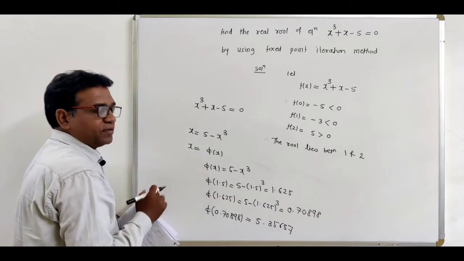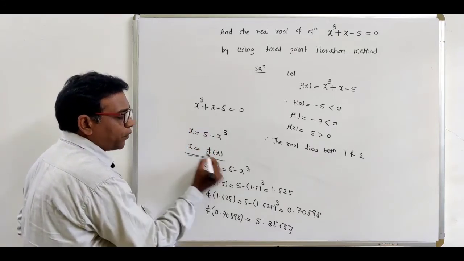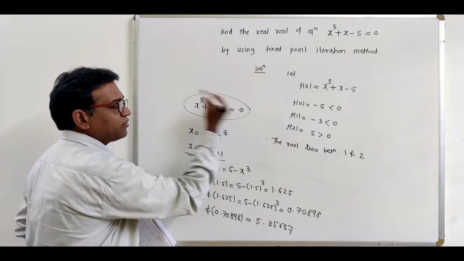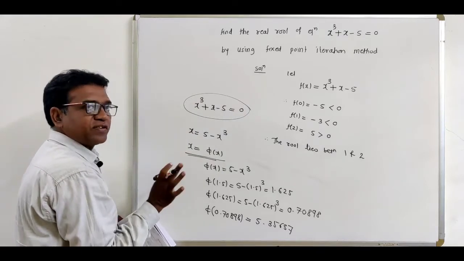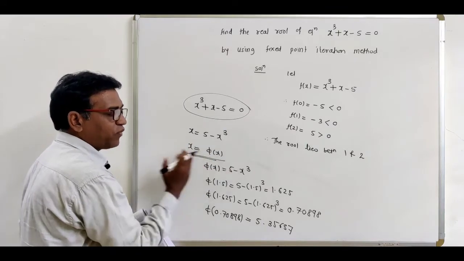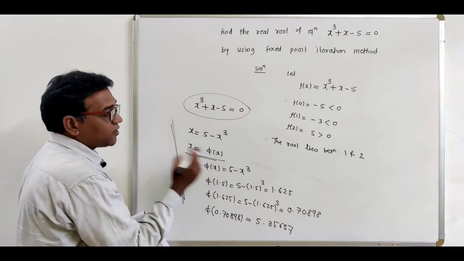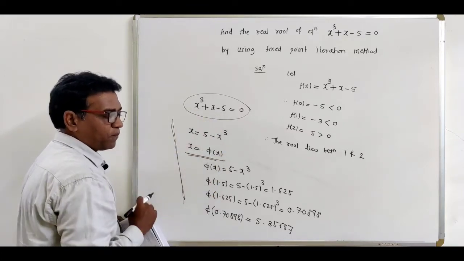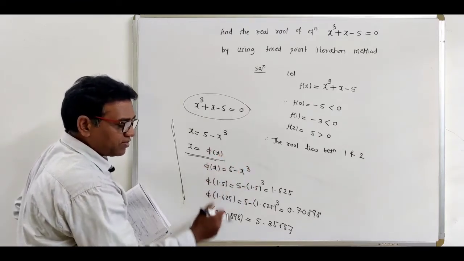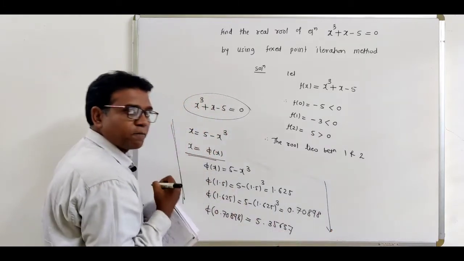Now what is our observation? If we consider this expression x equal to phi of x, we are given some function f(x) equal to 0. Then what is the first step? We have to express this equation in the form x equal to phi of x. This is one of the ways to express this equation in this form. Now if we take values in between 1 and 2, let us put x equal to 1.5, then we get this sequence of approximations.